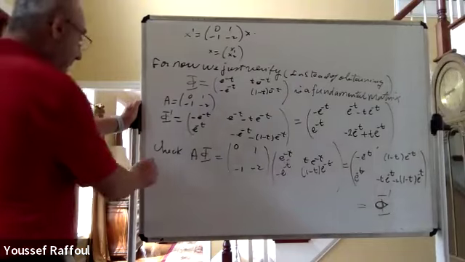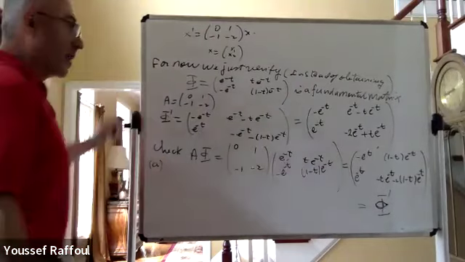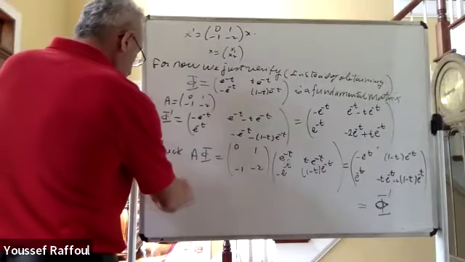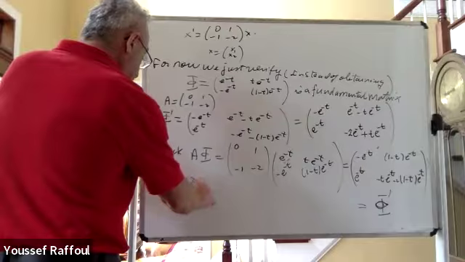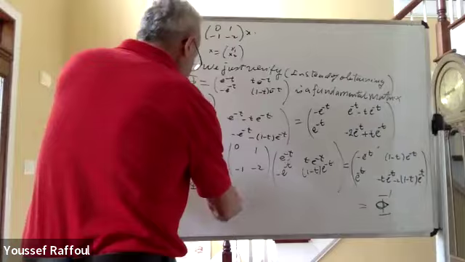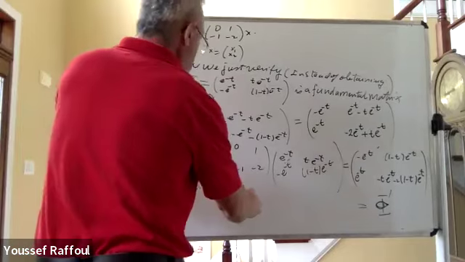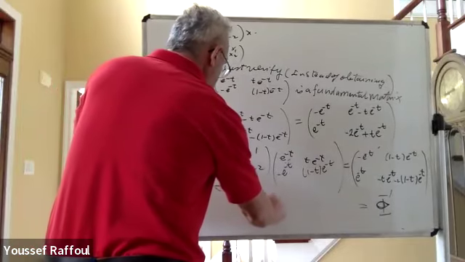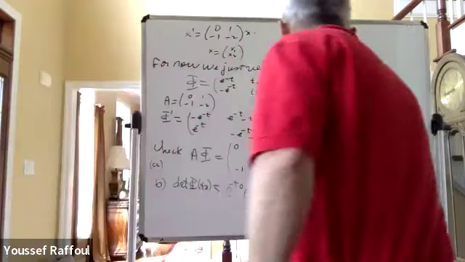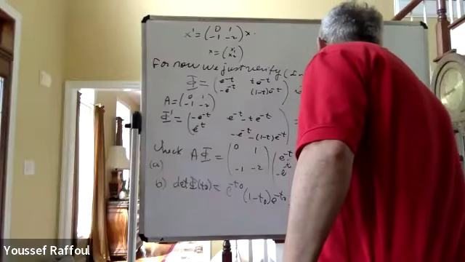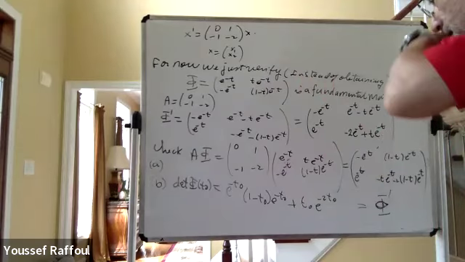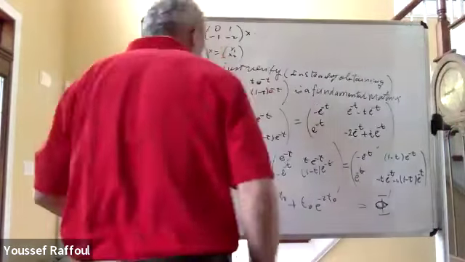All right? So this is A. We verified A. For B, if we look at the determinant of phi t naught at any t naught, so what we're going to get? We're going to get e to the minus t naught times 1 minus t naught e to the minus t naught plus t naught e to the minus 2t naught. Okay?